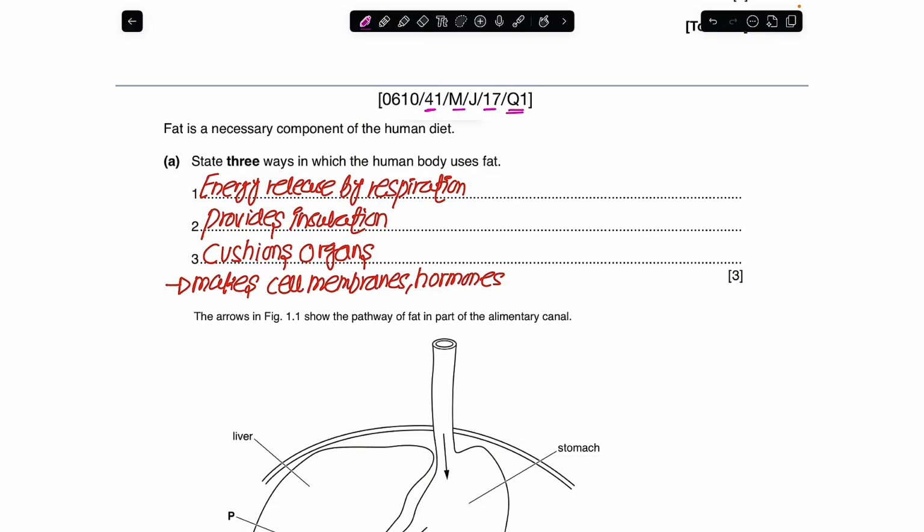For part A, the marks were three. The examiner is telling you that fat is a necessary component of the human diet, and wants you to state three ways in which the human body uses fats.